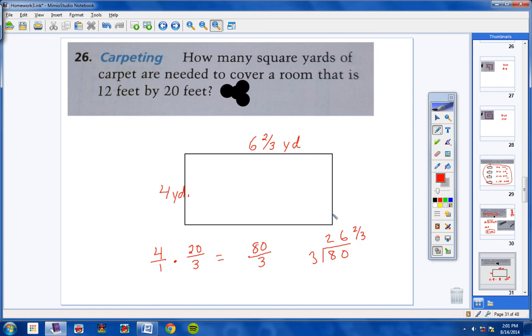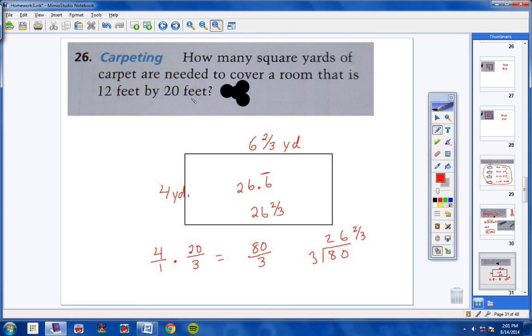Okay, now if you put for an answer 26.6 repeating, I would accept that. I prefer the fractional answer, which is 26 2/3 square yards. Okay, but either way, I would accept any of those answers. That's totally fine. Okay, so how many square yards of carpet are needed to cover a room that's 12 feet by 20 feet?